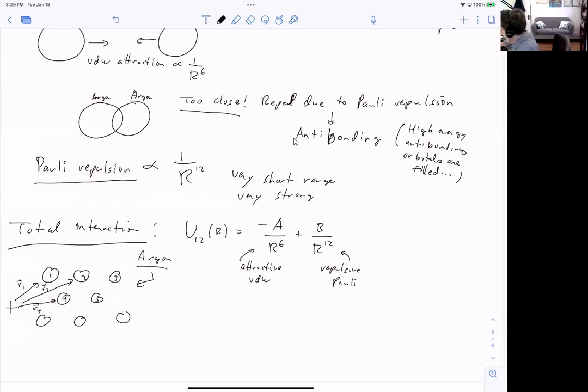I could look at one argon atom and ask what's the U total for one atom surrounded by others.